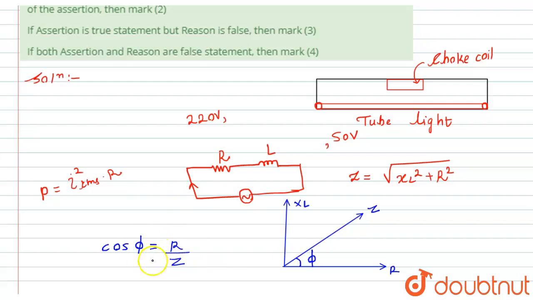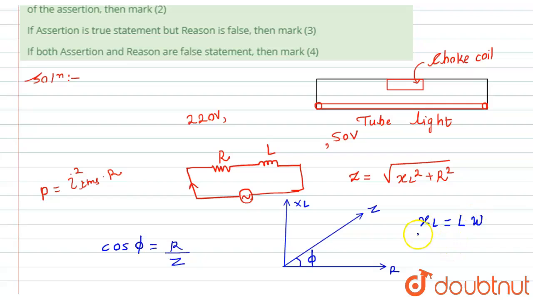To get the smallest value of cos phi, the value of Z should be more, and for Z to be more, the inductive reactance XL should be more. So the inductor value L should be more. We also know that XL is given by L into omega, where omega denotes the frequency.